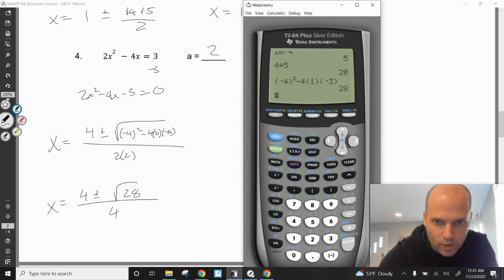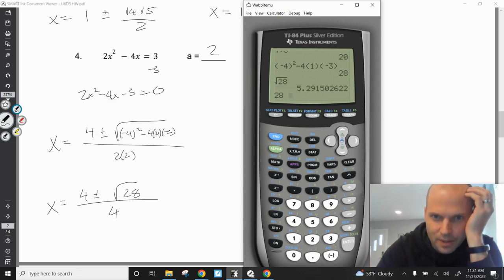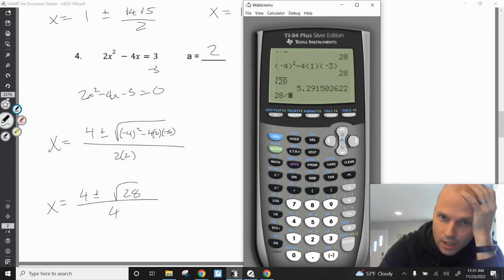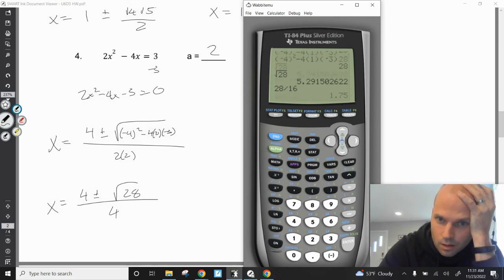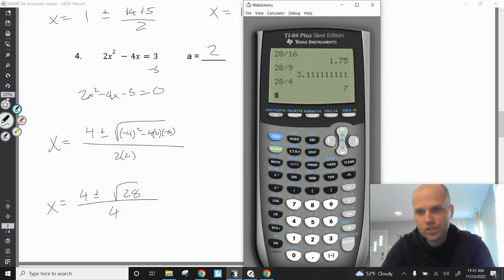Is the square root of 28 a nice number? No. Can I simplify 28 by pulling out a big perfect square? 16? No. 9? Again, we're using those big perfect squares that we've used before. Nope. 4. Yep. 4 and 7.